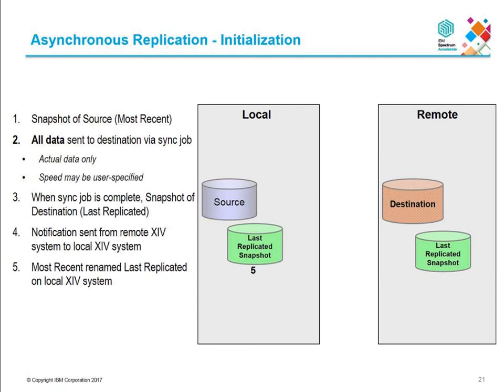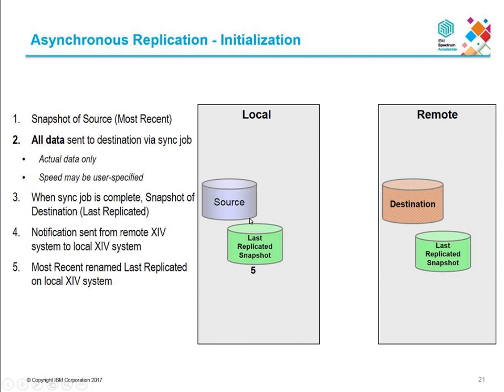So in a synchronous relationship, my recovery point is the volume itself, because the primary and secondary are always in sync. For asynchronous, our recovery point is actually the snapshot, because the destination or remote volume is in an indeterminate state.